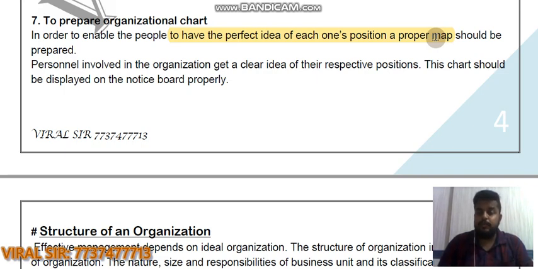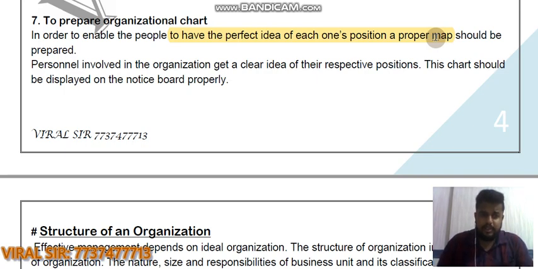That is known as preparing an organizational chart. By seeing an organizational chart, anyone can easily get to know from whom one will be taking orders and to whom he will be giving the orders, or to whom he is accountable or answerable.